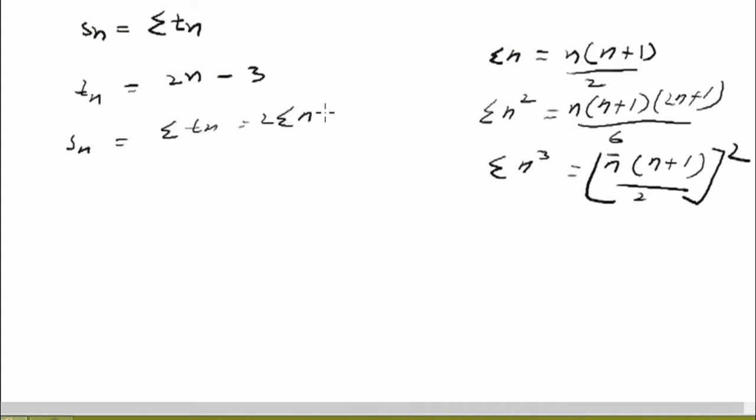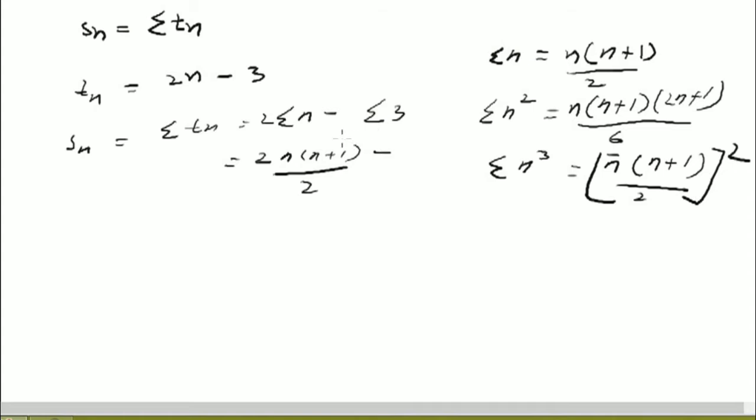And summation 3 is going to be 3, we are adding n times. So if you are adding 3 2 times, that is 3 into 2. 5 times, that is 3 into 5. So n times, 3n.